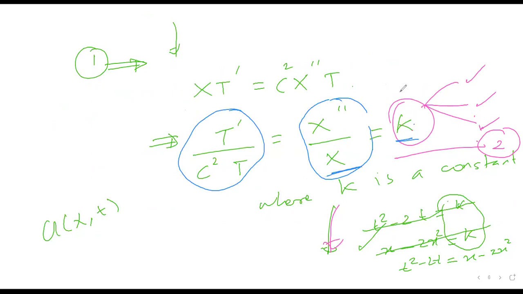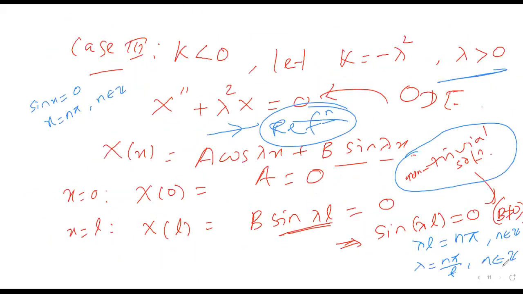We have found k less than 0 only gives non-trivial solutions, so that is the possible one. We also have to solve this one, then only we can put it in our u.